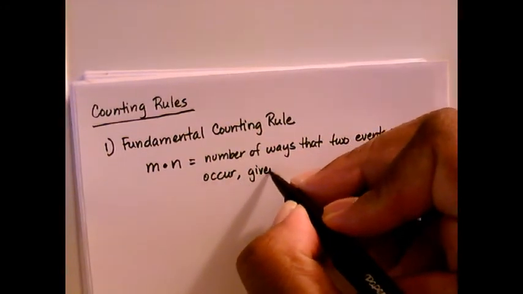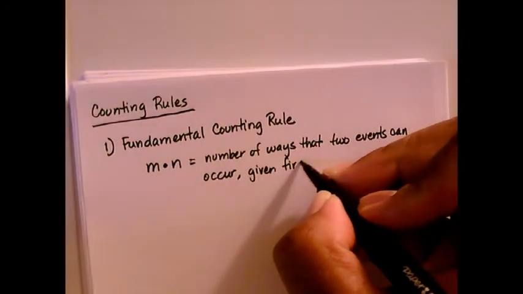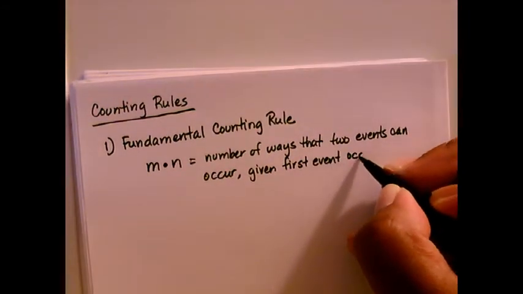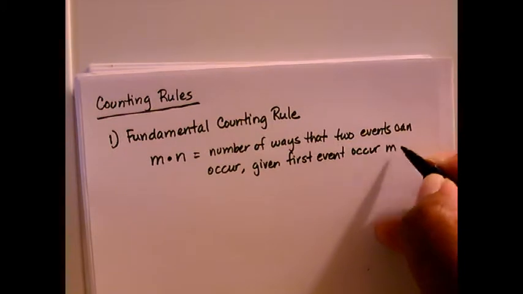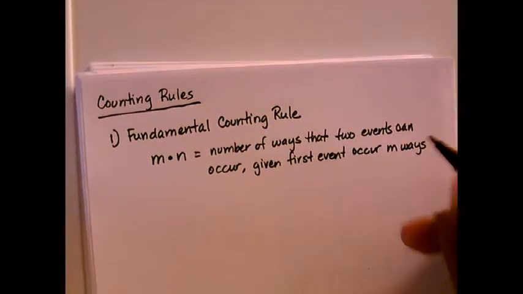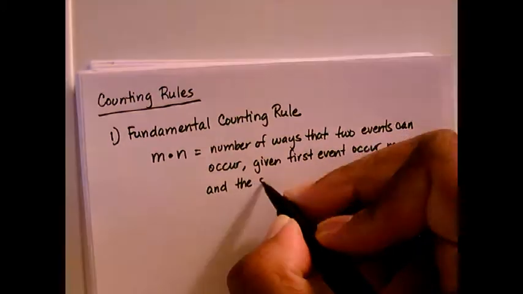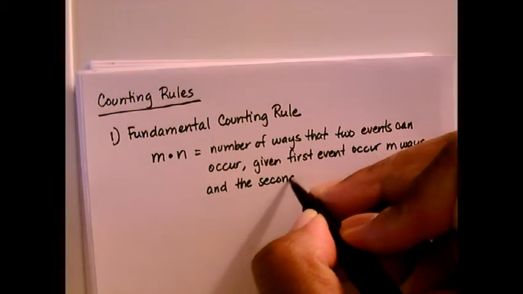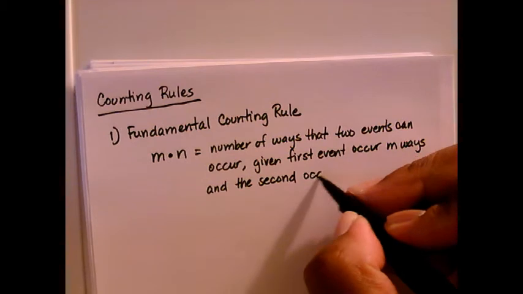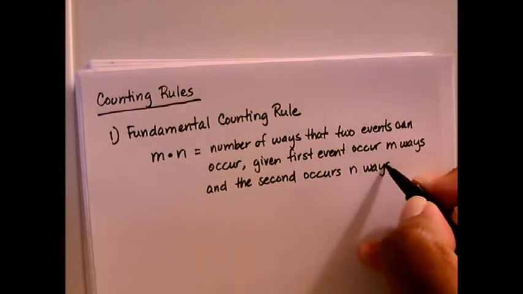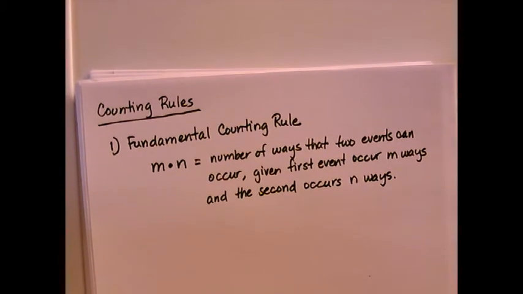And you have to be given the fact that the first event occurs m ways and the second occurs n ways. Okay. So that's the definition of the fundamental counting rule, which is usually m times n.